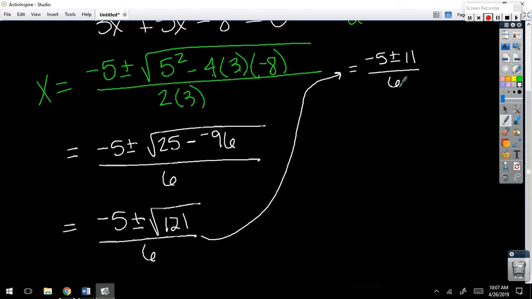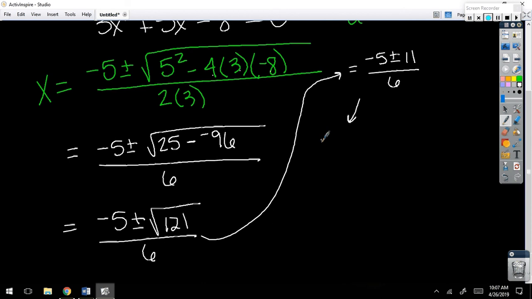Now, I need you to think about this for just a minute. When we had a plus or a minus before when we were solving with square roots, what did we do? That's right. We split it up into 2, right? At this point, I'm going to split it up into 2.